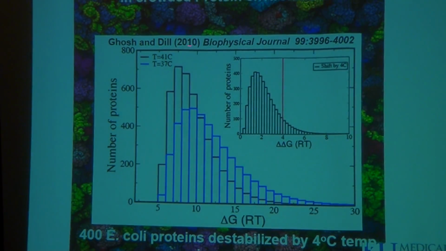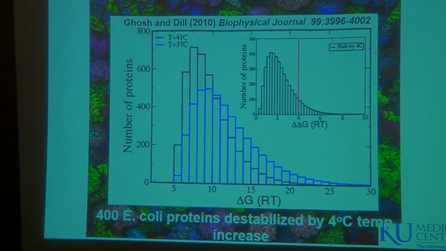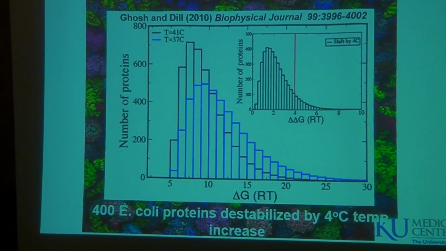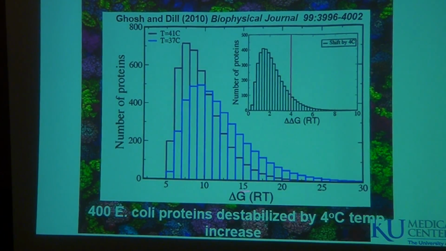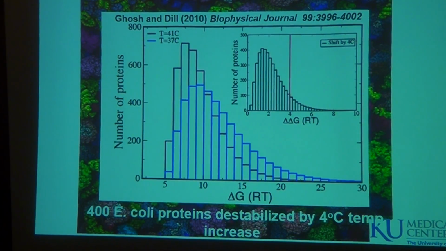And this really can be a problem, because going from 37 to 41 degrees, more than 400 E. coli proteins are destabilized if you were just paying attention to the free energy, the stabilization of these particular molecules. So that's a problem, right? So how do the cells actually prevent this from occurring?